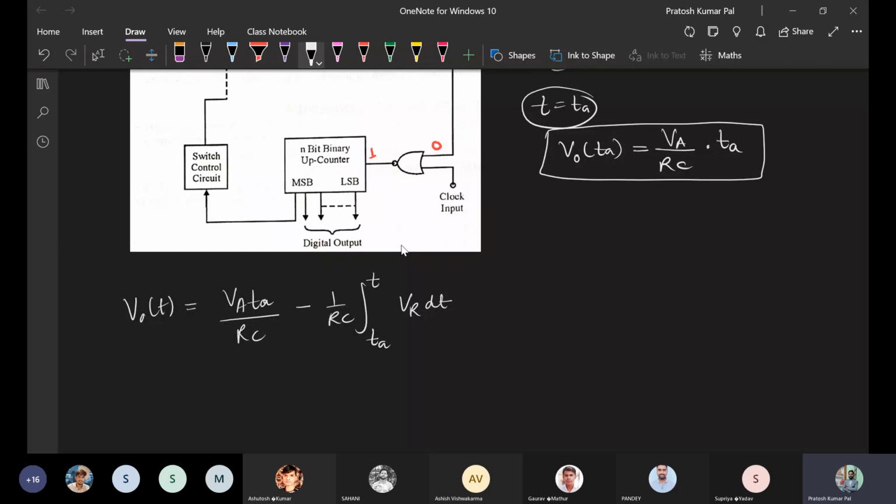So this is the reference voltage value. The final value we will be getting is VA TA divided by RC minus VR (T minus TA) divided by RC. So after integration, this value we will be getting.